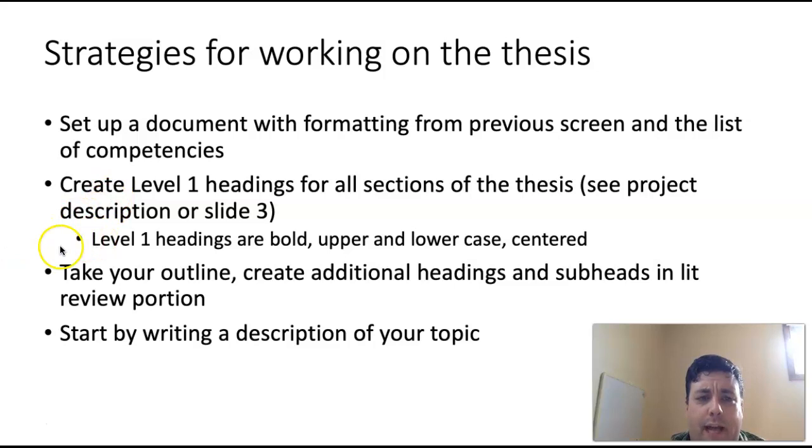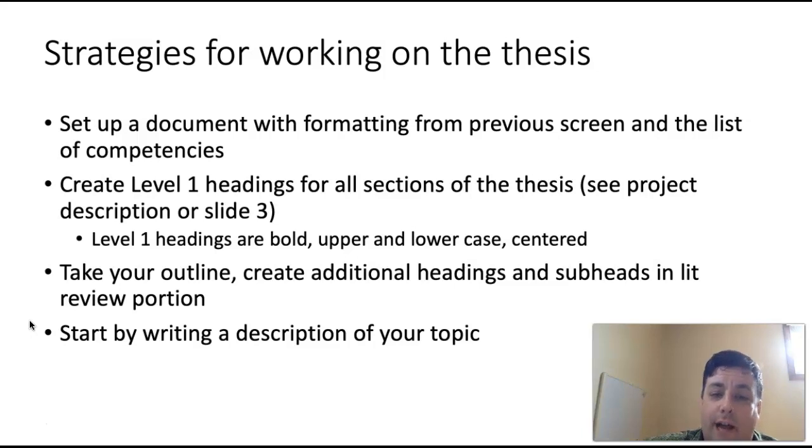So create level 1 headings for all of the sections of the thesis. Level 1 headings are bold, uppercase, lowercase, and centered. Like I said, set that up for all of those 9 sections, and then list out the 9 competencies in that competency section.